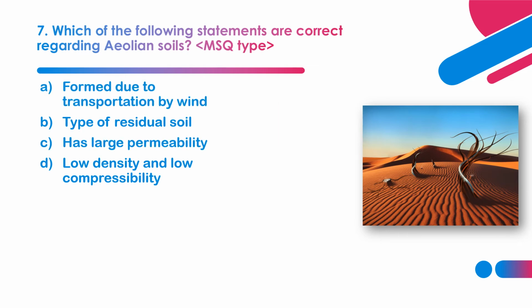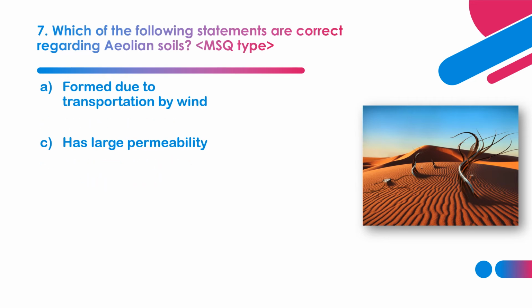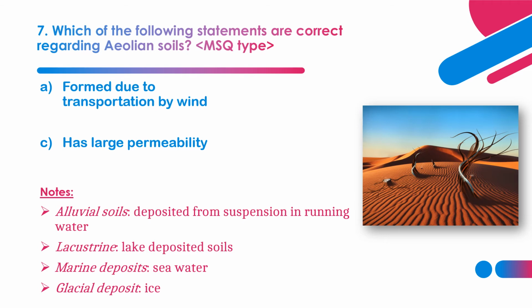So the correct options regarding aeolian soils are A and C. That is, aeolian soil is formed due to transportation by wind, and it has large permeability. Now let's see other important points.